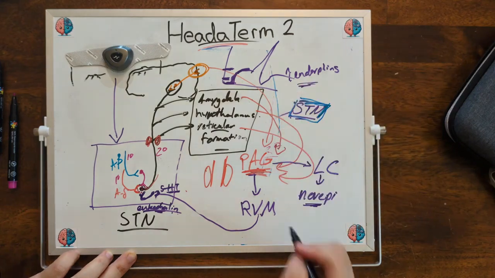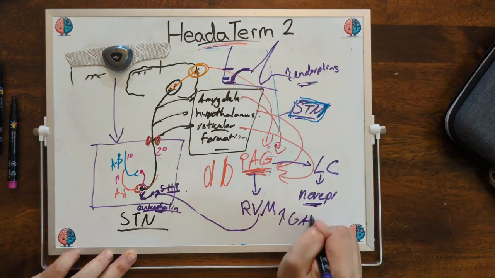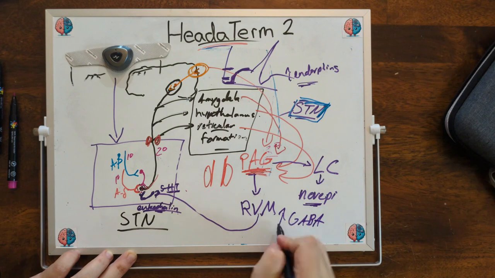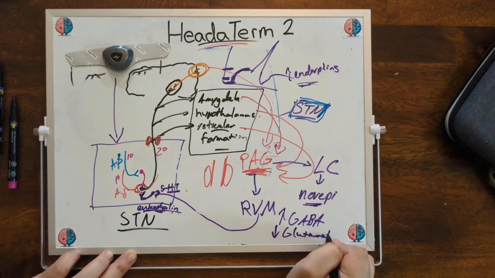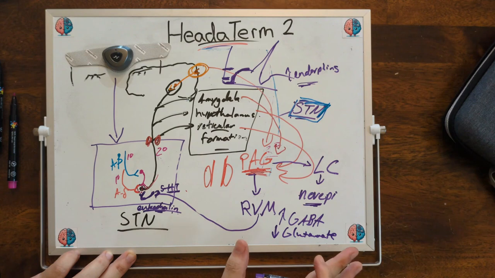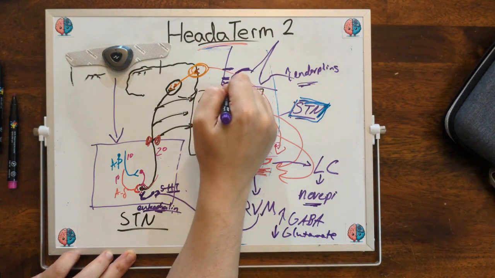GABA activity also increases. There's an increase of GABA, and there's a decrease of the neuroexcitatory neurotransmitter glutamate. This rebalancing helps the neuronal hyperexcitability associated with migraine attacks, because we do not want the threshold to be low.